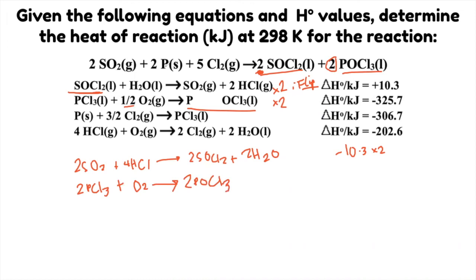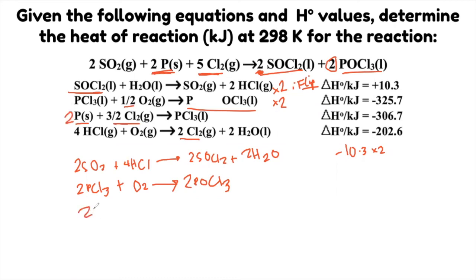Next, I can get P here and Cl2. So I need to get 2 moles of P and I need to get 5 moles of Cl2. But Cl2 is present in equation 3 or equation C and equation 4. So I will consider P. Okay, so I need to multiply this by 2.